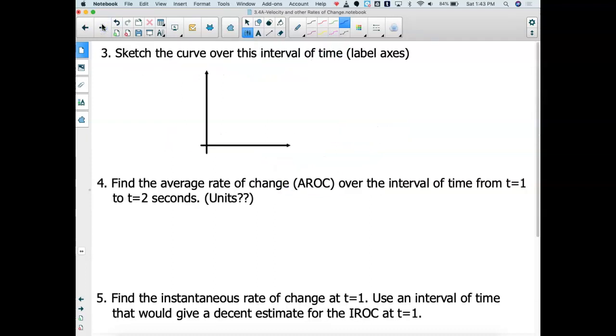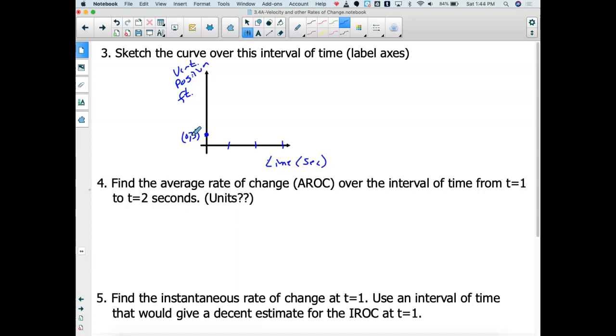Well, let's take a little sketch of this curve. This is going to be time, in seconds, and this is going to be my vertical position, in feet. So if I had to sketch this, I say maybe 1, 2, 3, and I know (0, 3) is my initial height off the ground when I kick the ball.